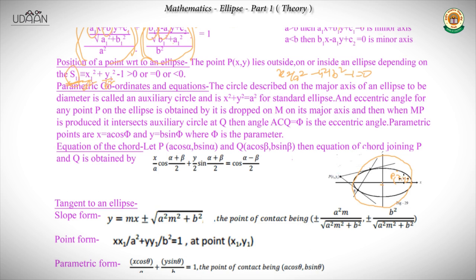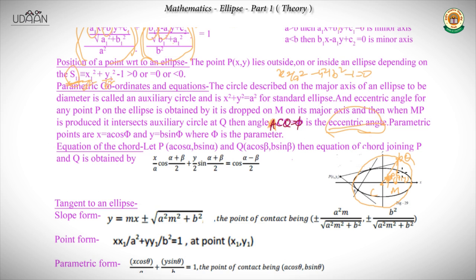Now what we'll do is draw a perpendicular from P on the major axis, denote it as M, and if we extend MP, it will cut the auxiliary circle at Q. So if this is the center C, the angle QCM we'll assume as psi. Then psi is nothing but the eccentric angle, an important term which you are using here: eccentric angle. So the angle ACQ equals psi.